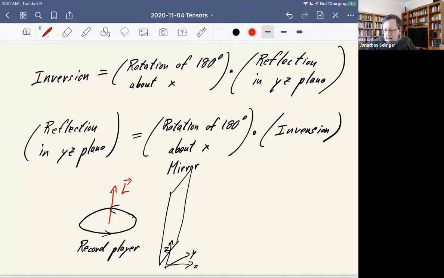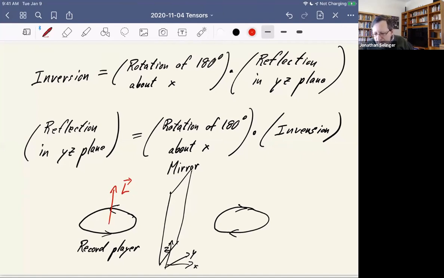Okay? Now, if we look at it in the mirror, what do we see? Over here in the mirror, we see the record turning in the opposite direction, and it has angular momentum.